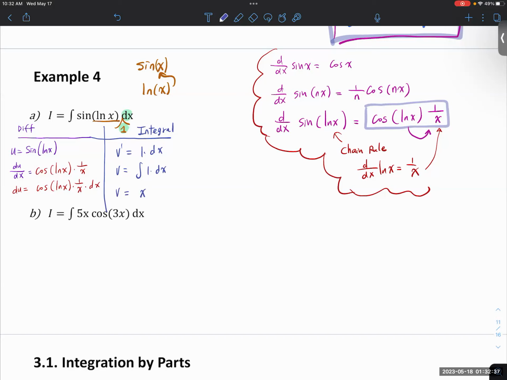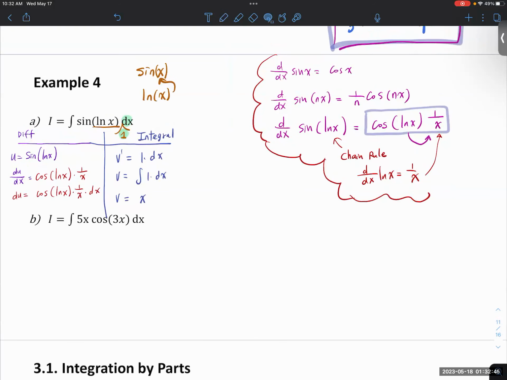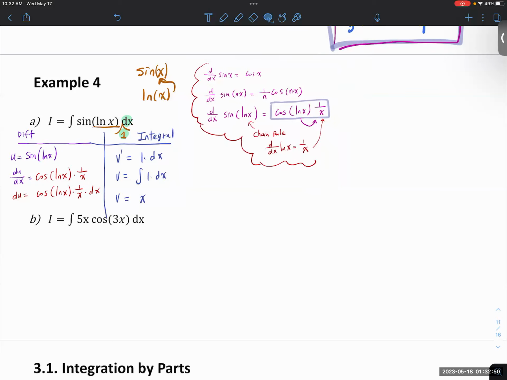So we have all the information: u, du, v, and v prime, correct? So you're going to plug into the IBP method. I'm going to minimize a little bit. According to the IBP, integral sine ln x times 1 dx equals uv minus integral v du.